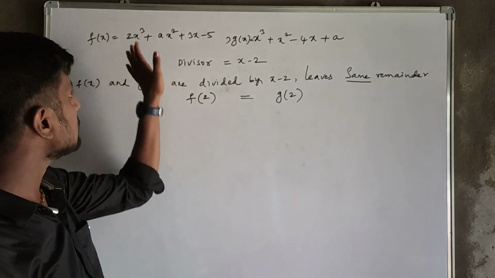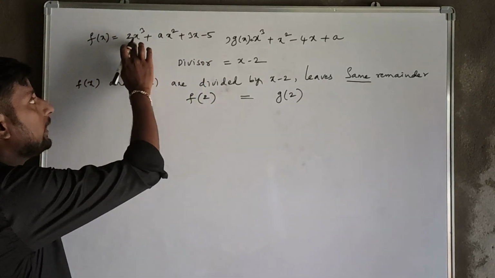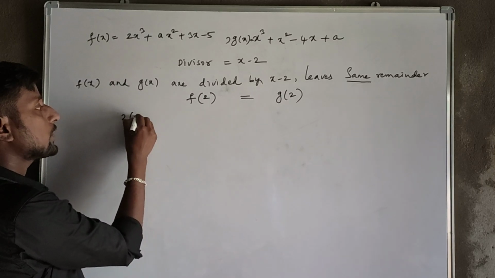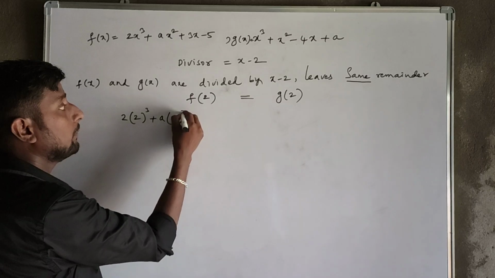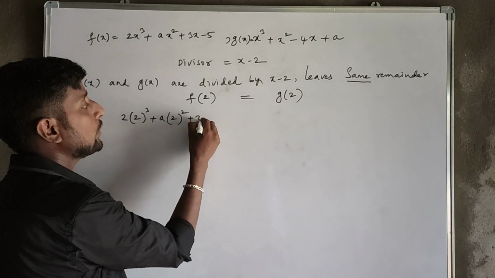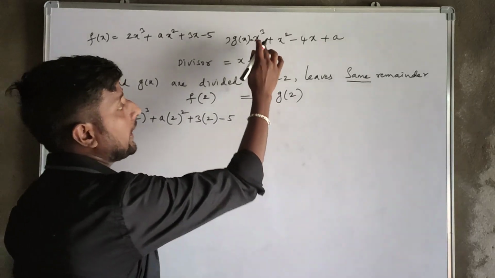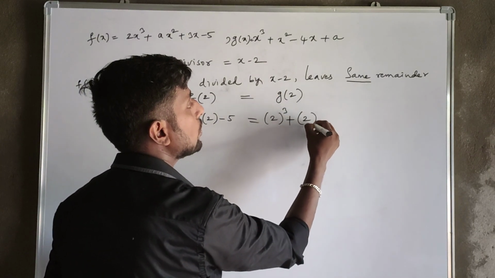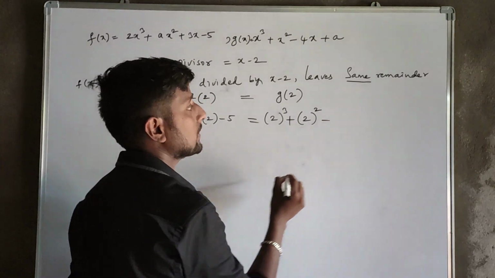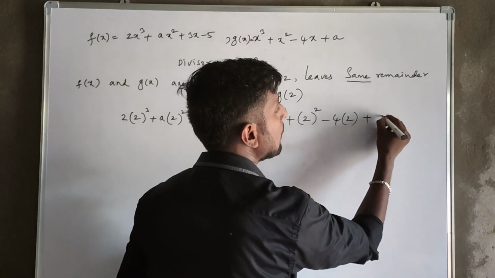f of 2, we just have to substitute 2 in the place of x. Look: 2 into 2 cube, plus a into 2 square, plus 3 into 2, minus 5. And on the other side, 2 cube plus 2 square minus 4 into 2, plus a.